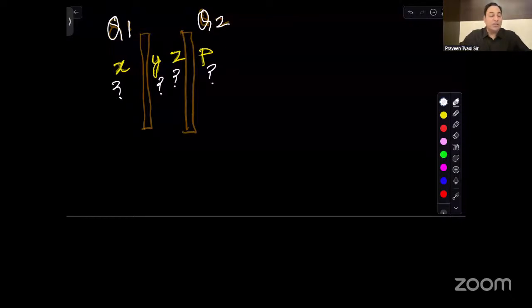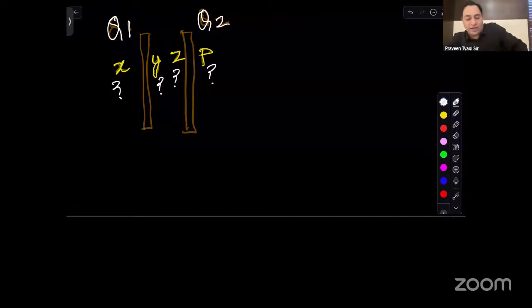Quickly tell me on each plate. It will be uniform, but how much will be the value out of Q1 and Q2?